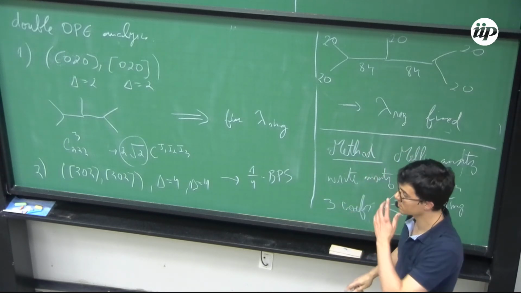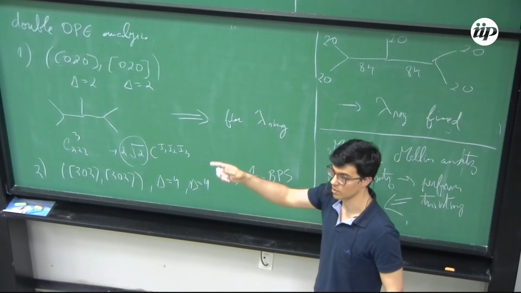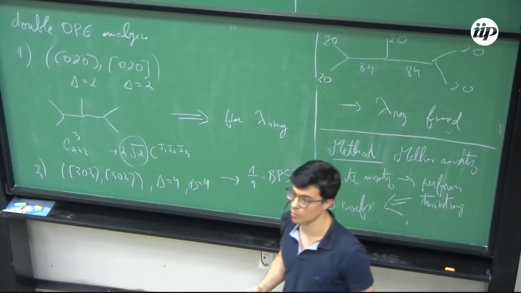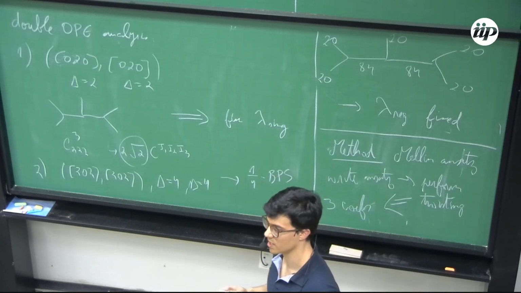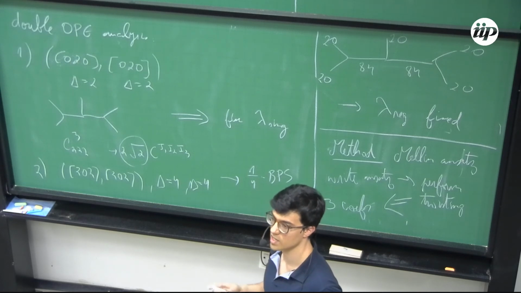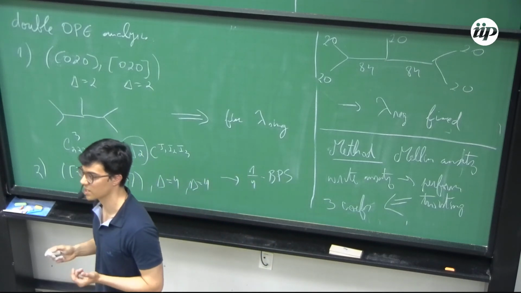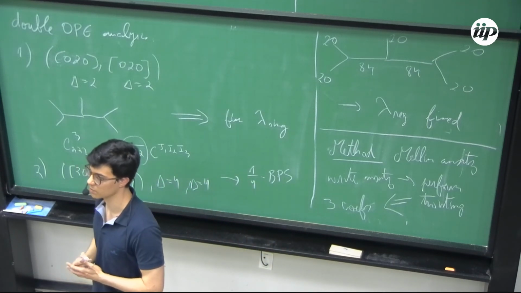Two of these are the same two that were here, the overall in the single part and the one in the regular. The third one was a coefficient that appeared in a single exchange in the 84 representation. We know that the 84 representation cannot appear in an exchange diagram, so we could easily set it to 0.